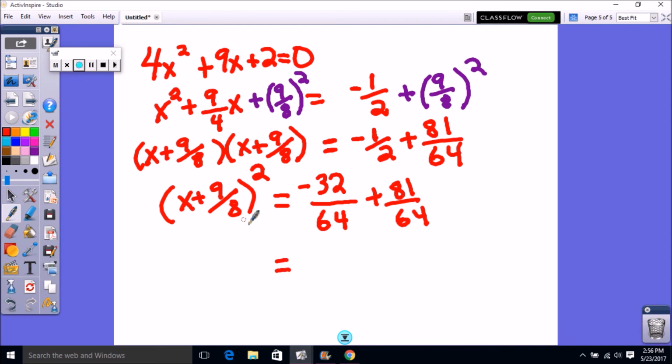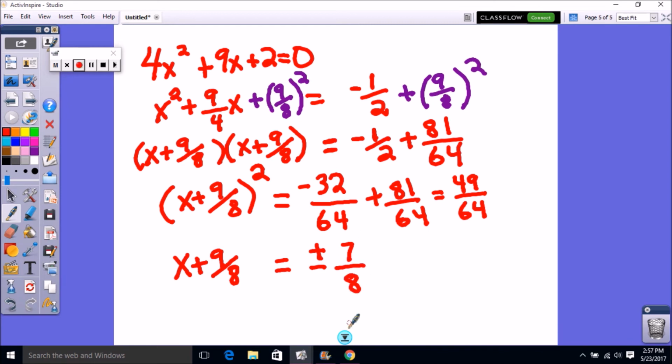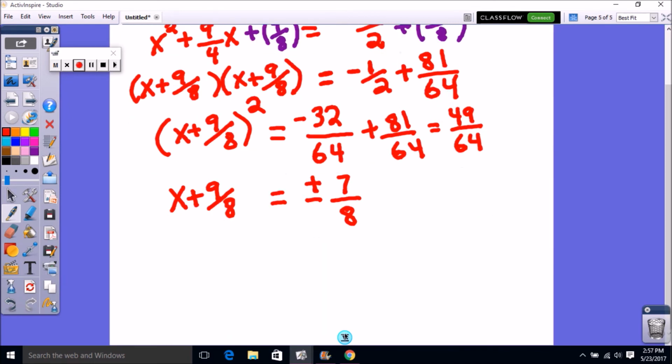Okay, it's 49, right? The reason I'm doing this is because I'm going to save myself a step here, in that this is going to be a perfect square, right? So when I take the square root of this side, x plus 9/8 equals positive or negative 7/8. That is not the answer.